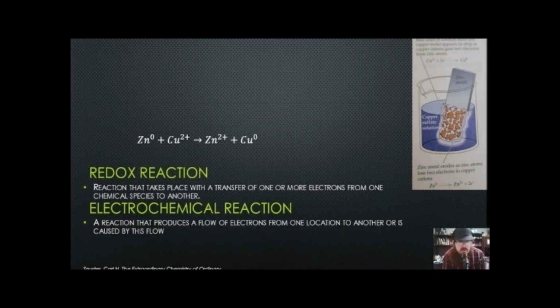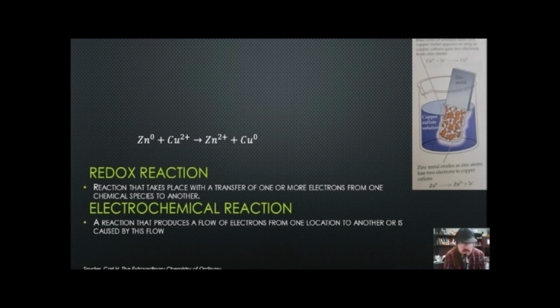This is an example of a redox reaction, a reaction that takes place with the transfer of 1 or more electrons from one chemical species to another. Now, when we separate this into 2 individual cells, as opposed to just putting the 2 metals together, it becomes an electrochemical reaction, which is a reaction that produces a flow of electrons from one location to another, or is caused by this flow.